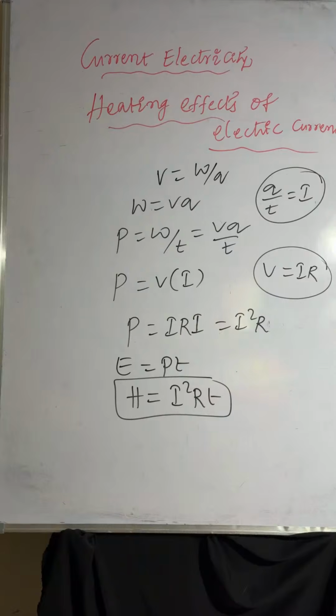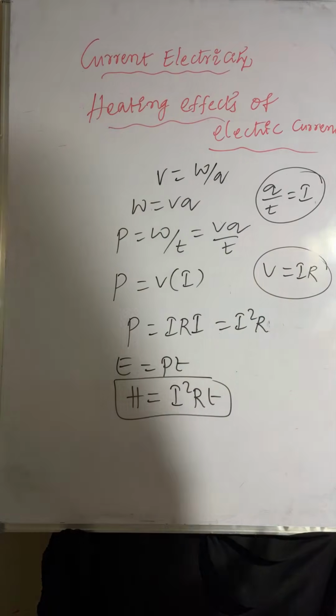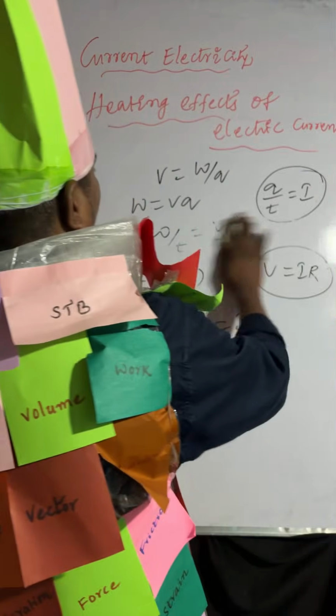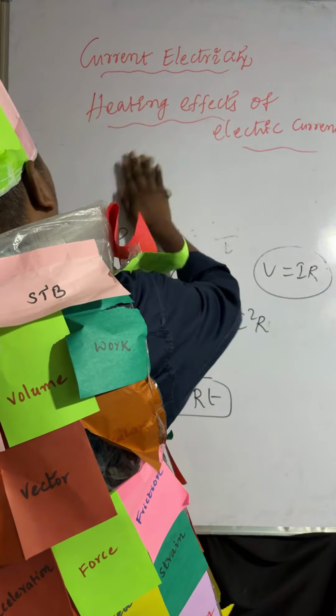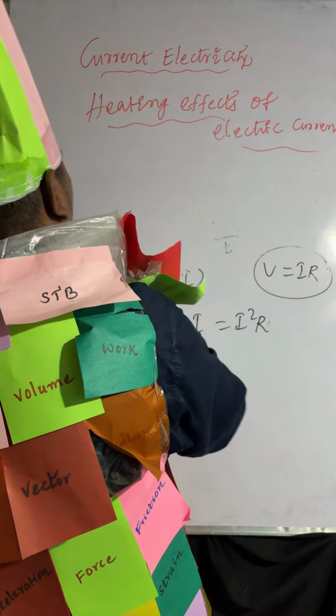Okay. So now we'll discuss grouping of cells, series and parallel. Normally resistors are connected in series, and resistors are connected in parallel. We discussed it, right?